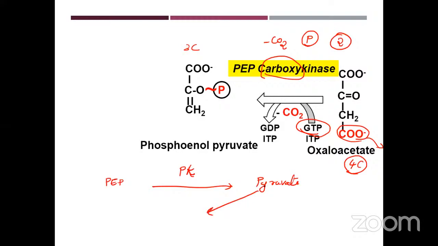There is no one enzyme which converts pyruvate to phosphoenol pyruvate. So this is achieved by a two-step reaction with two enzymes. First, pyruvate is converted to oxaloacetate, and then this oxaloacetate is converted to phosphoenol pyruvate.